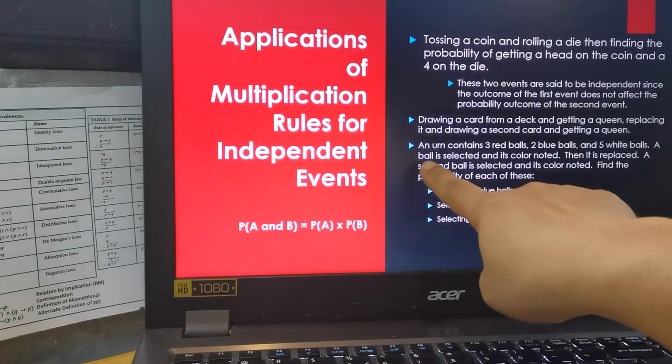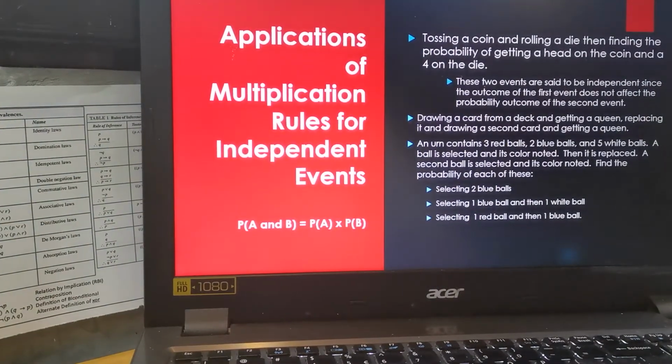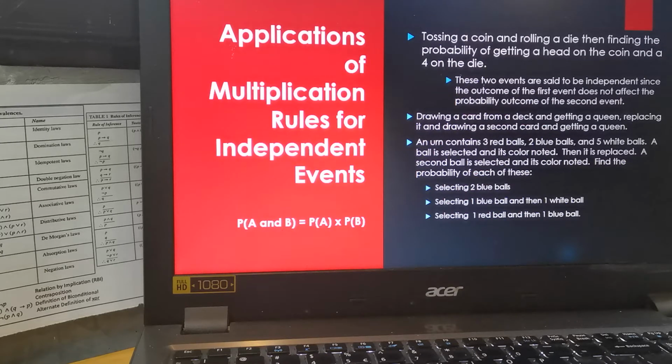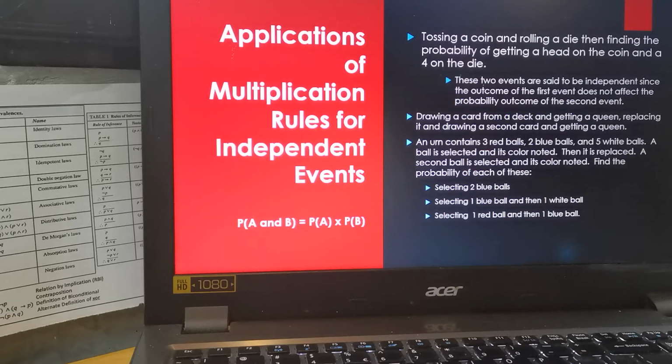Our third example says, an urn contains 3 balls. So, sulat natin yan. 3 red balls. Dali, red ay 3. So, this is for color. And then, 2 na blue.